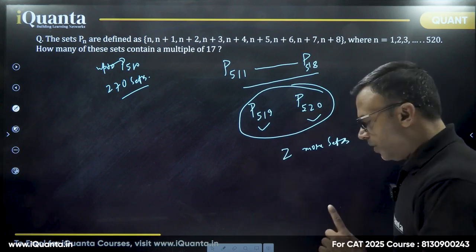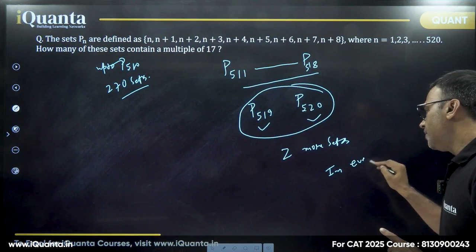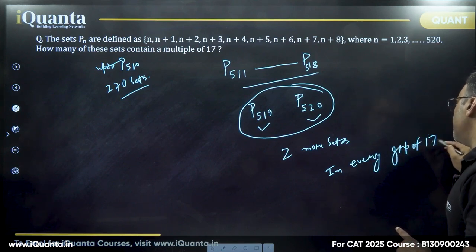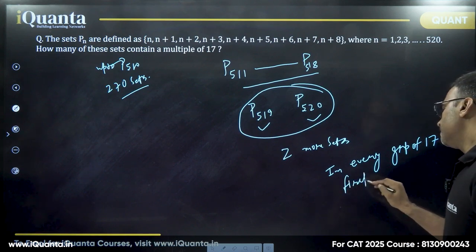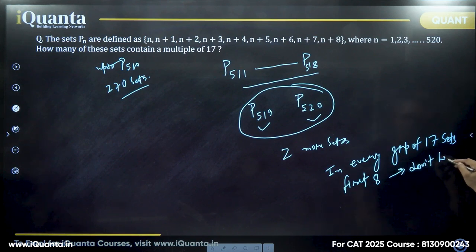Remember, just to recall, in every group of 17 sets, the first 8 don't have a multiple of 17, right?